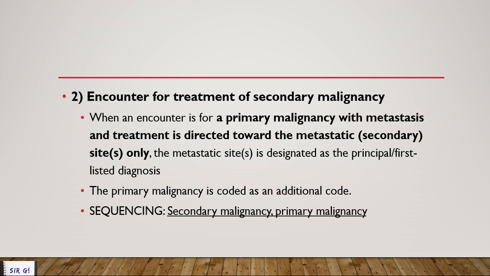Encounter for treatment of secondary malignancy, obviously, if the reason for encounter is for secondary, code first your secondary, followed by primary. As you can see, there are always two codes for them. Okay? What if the primary malignancy site is not specified?